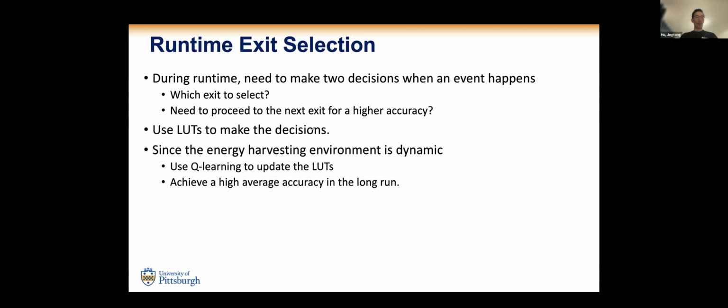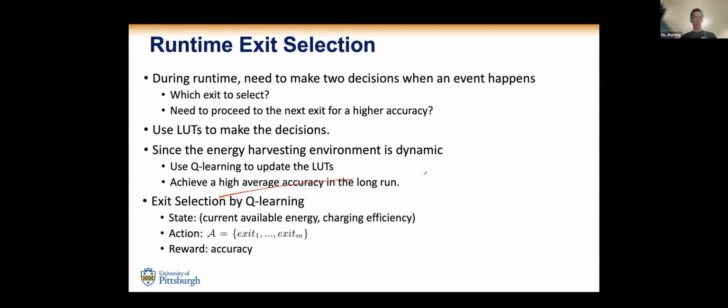So we are using lookup tables to make the decisions. And since the energy harvesting environment is dynamic, we actually use a Q-learning based method to update the lookup table dynamically, so that the goal is to achieve a higher average accuracy in the long run, right? And this is the way we are formulating the Q-learning problem.